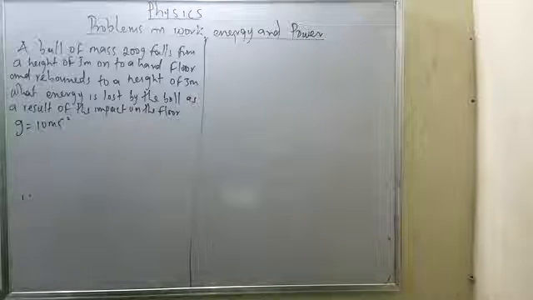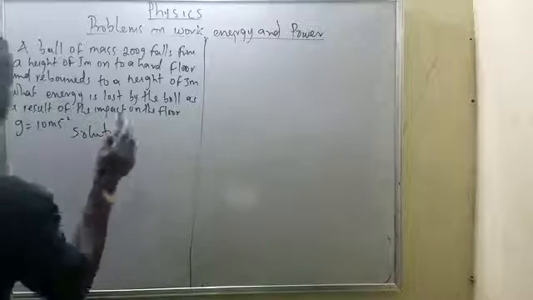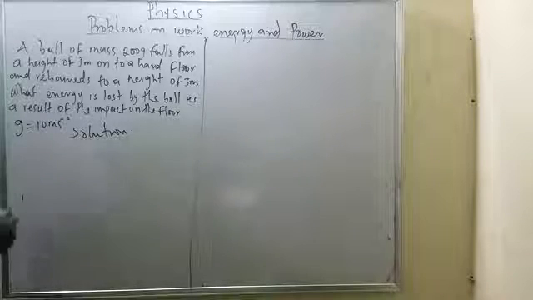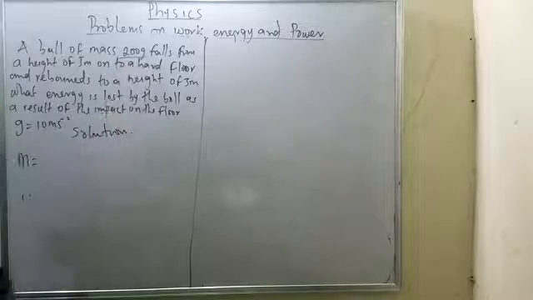Okay, this is a question that I have here, and you have to understand it. Solution to this problem. Now, when I have something like this, what I need to ask myself is, my mass is a problem. Why?